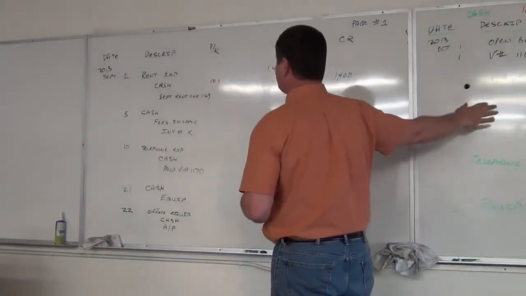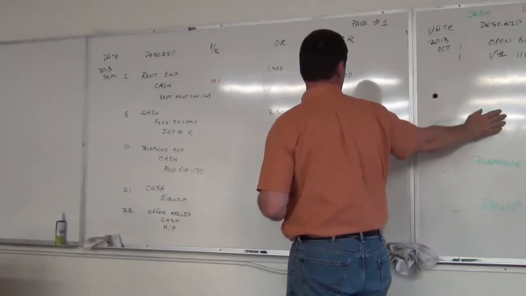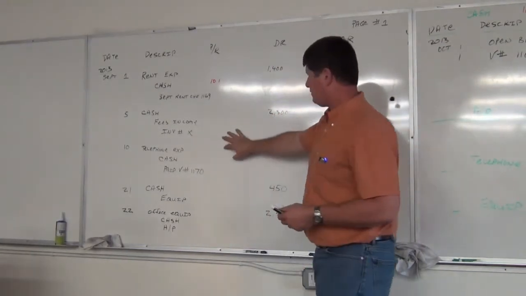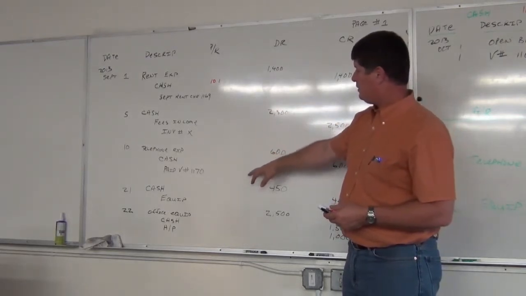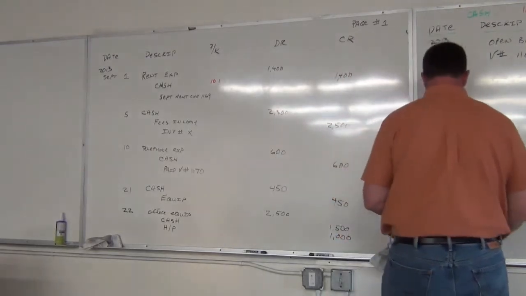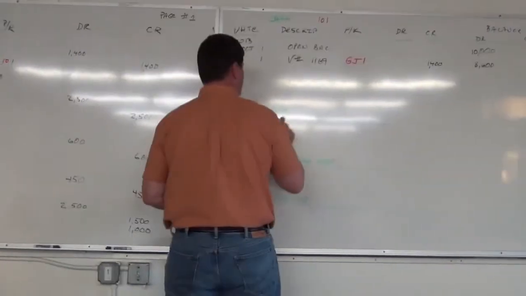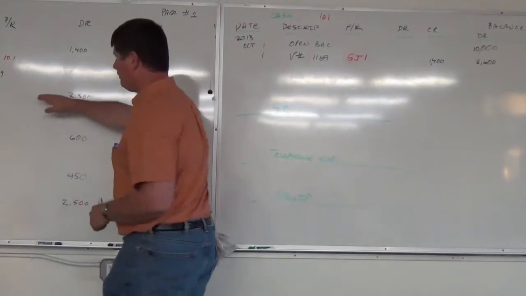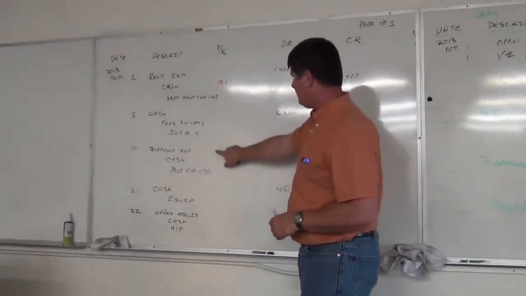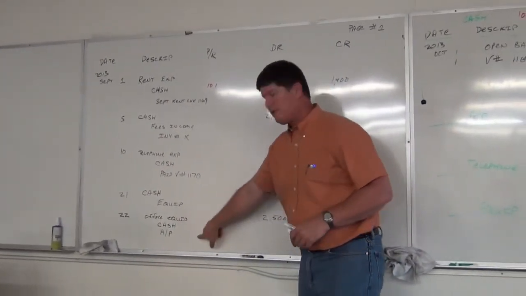Okay, so if we're responsible for accounts receivable, which entry is it? I'm losing my mind. Accounts payable, not receivable. Sorry, accounts payable. Now it's a P. Okay, accounts payable, we've got an entry here, right?